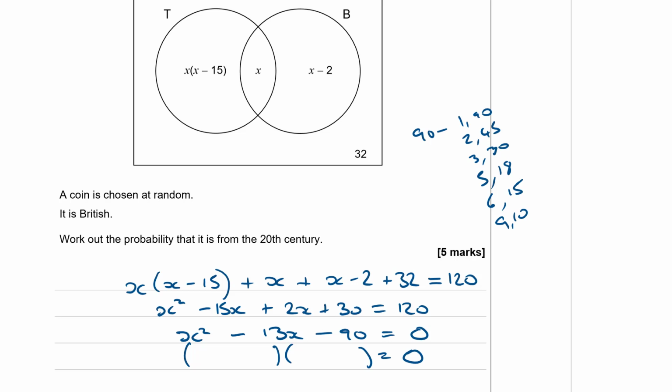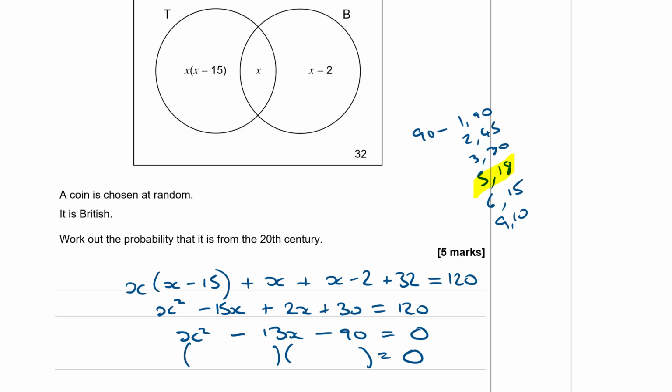Now, do any of these factor pairs have a difference of 2? Sorry, a difference of 13, isn't it? So a difference of 13. These do: 5 and 18.